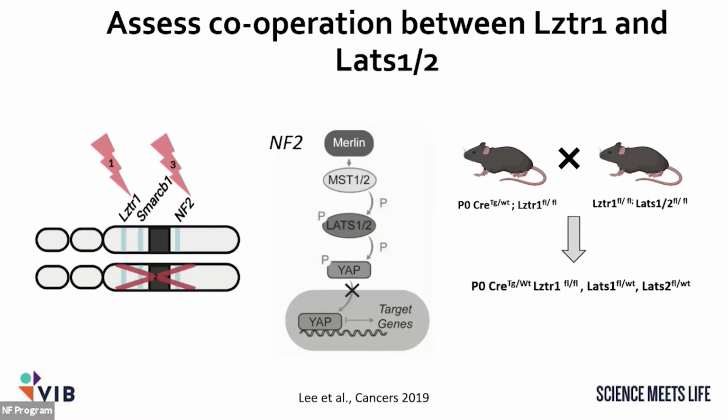For us, instead of using NF2, it was much more handy to use LATS1, LATS2 knockout mice. So we generated P0-Cre with LZTR1 flox and a loss of one allele of LATS1 and one allele of LATS2.